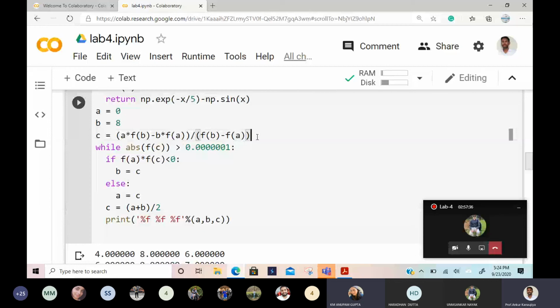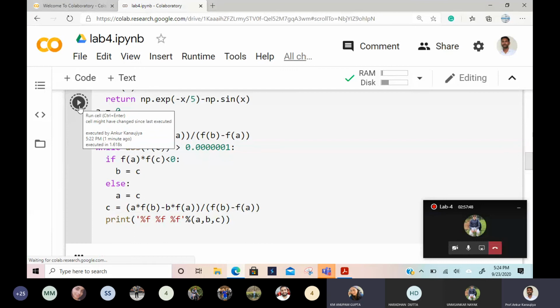This is the Regula Falsi formula. Done. So this C I'm changing here also, because this is C, not the midpoint. Done. So now if you run, you will get the answer by using Regula Falsi.